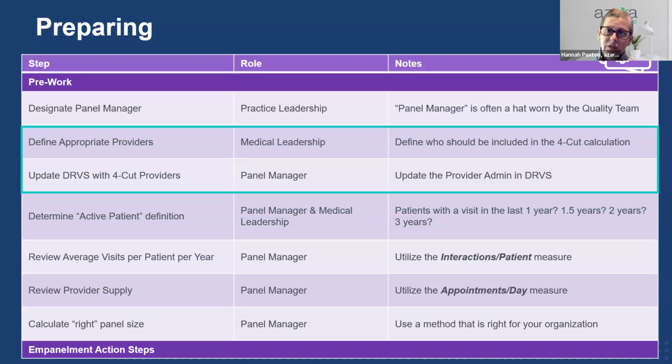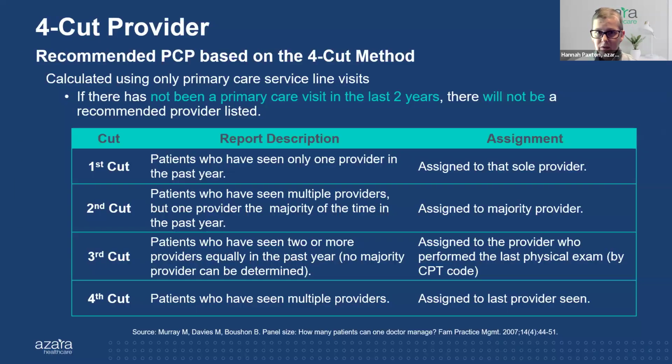The next thing you're going to do is define appropriate providers and update who can be included in the 4-cut calculation. So here's a summary of what the 4-cut calculation is. Basically, 4 passes through the patients to recommend a provider based on their history of primary care visits. I'll go through each cut so you can understand this better.